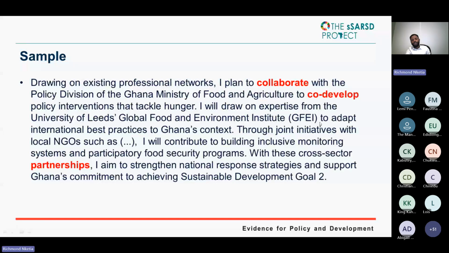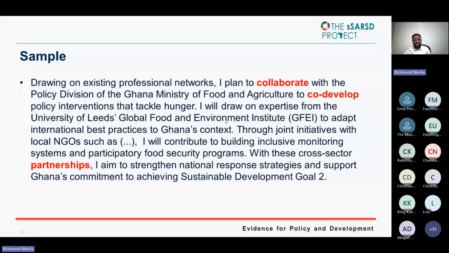So I am in the UK, I am studying, but I'm also learning the best practices in the institute or university where I am studying, the research going on there, which matters to the problem I intend to address. And having gained these insight and experience and knowledge, when I go back home, I'm going to adapt them to suit the Ghanaian context in addressing this issue.